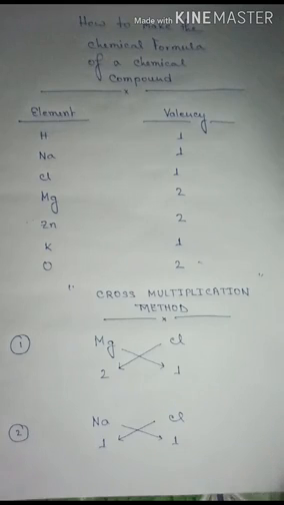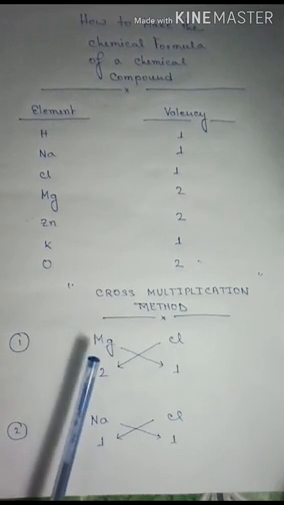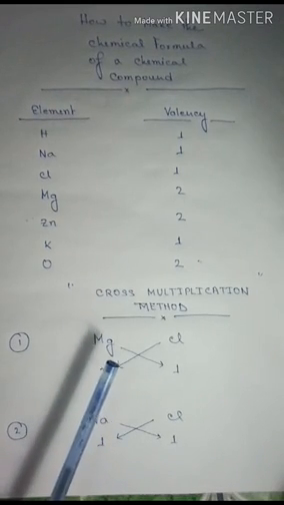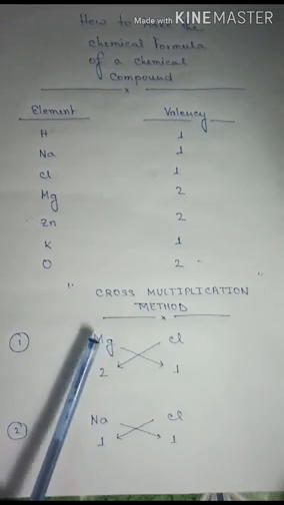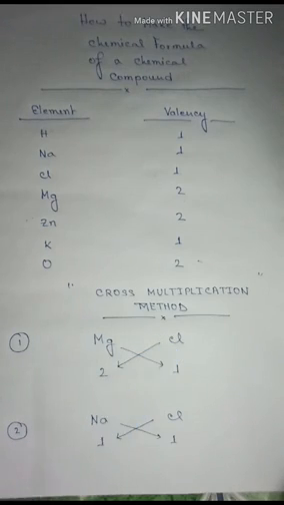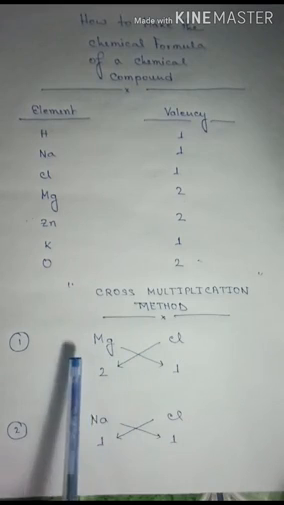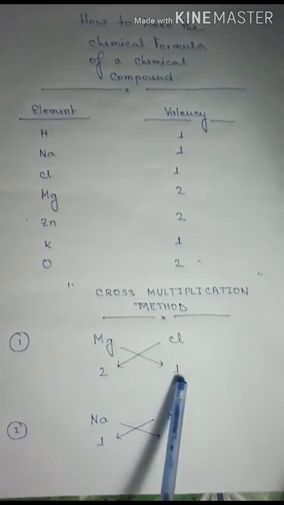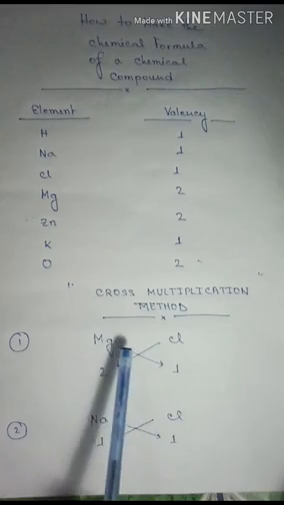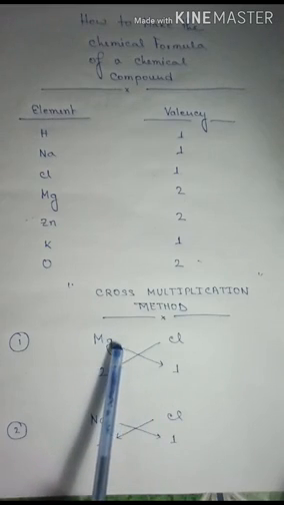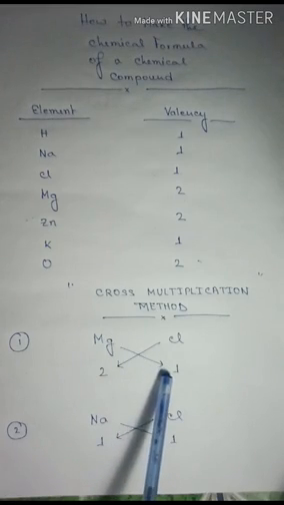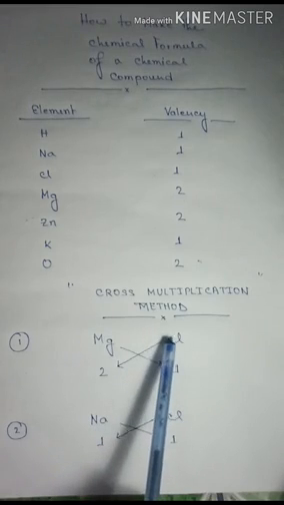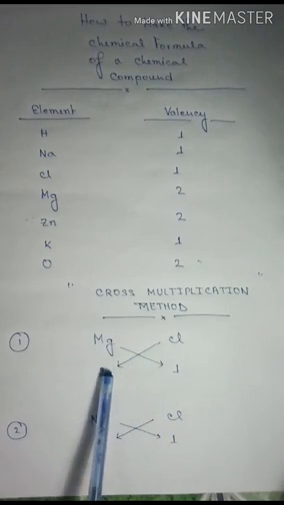Suppose we have been told that we have to find out the chemical formula of a compound which is formed by reacting magnesium and chlorine. Now we know that magnesium has valency 2 and chlorine has valency 1. Now we have to cross multiply: an arrow from magnesium to chlorine's valency and an arrow from chlorine to magnesium's valency.